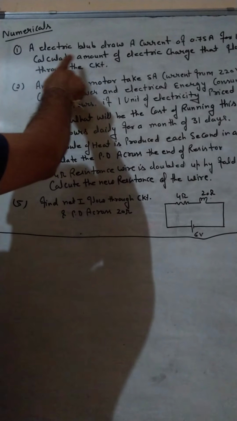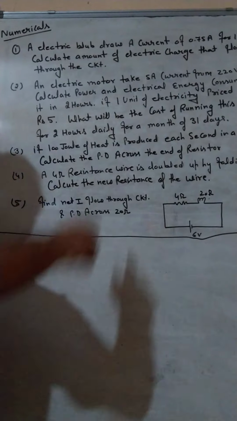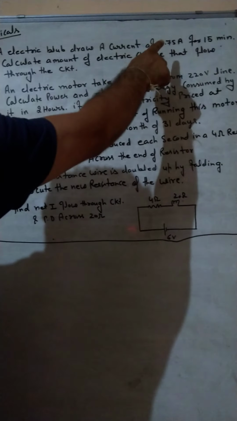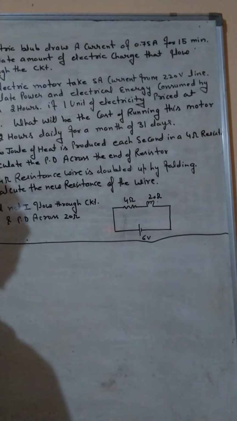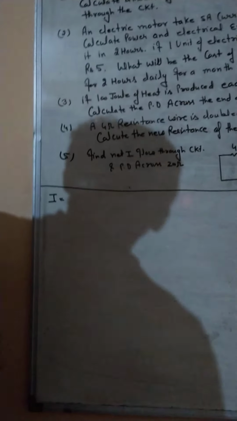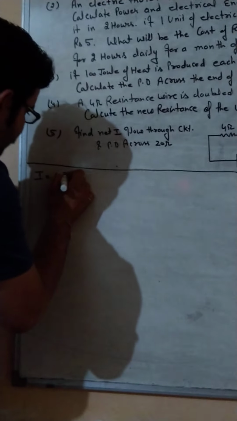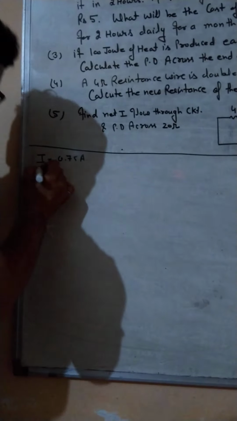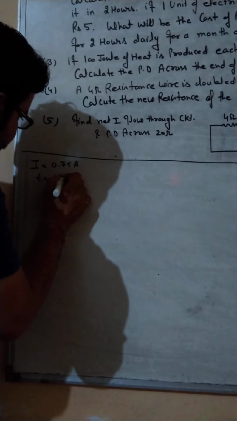In the first question, an electric bulb draws a current of 0.7 ampere for 15 minutes. That means we have a current of 0.7 ampere and a time of 15 minutes.